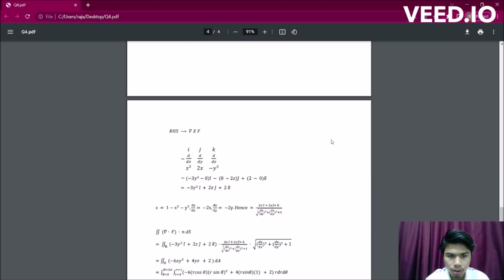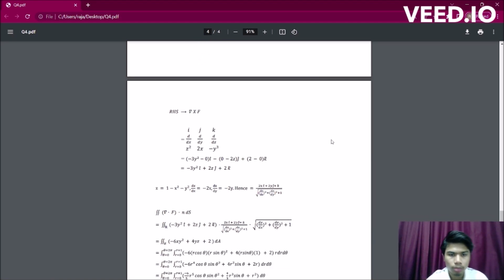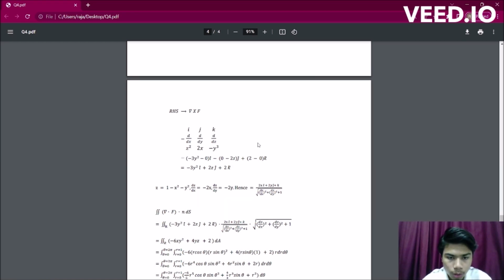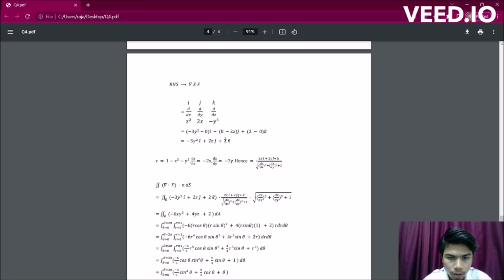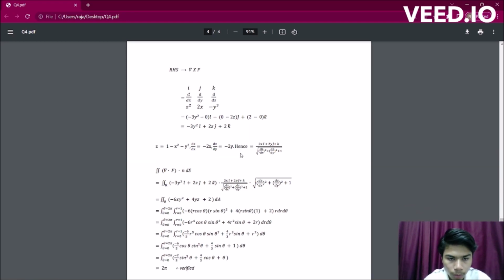So we use the right hand side by using the curl of f. The first one will get the value of minus 3y power of 2 i plus 2z j plus 2k, and then we must find the value of z. Then we find the value of dz per dx and the value of dz per dy.